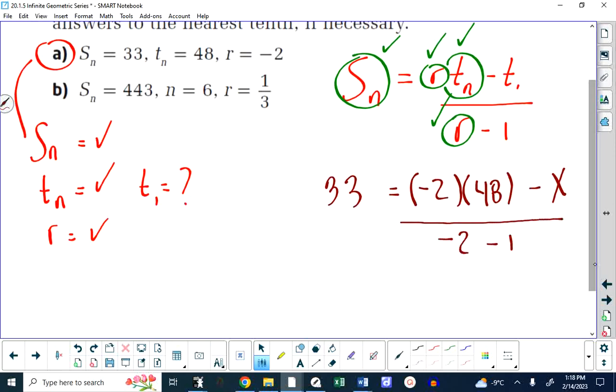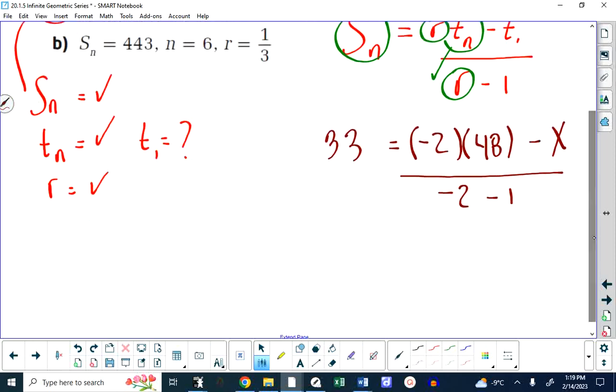So now we're in the simplification mode math-wise. Are there things in this equation that can be written simpler? Well, yes. Negative 2 minus 1 is negative 3. It's simpler. Negative 2 times 48 can be written as negative 96, I think.